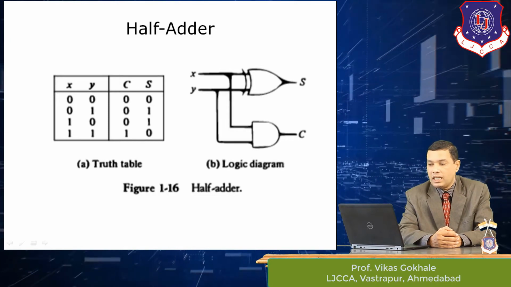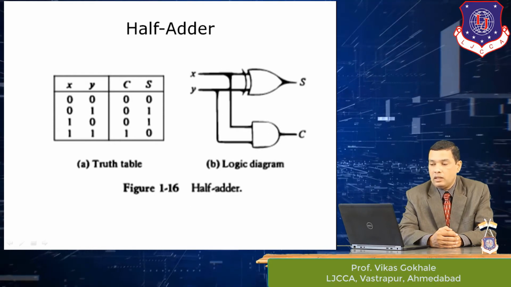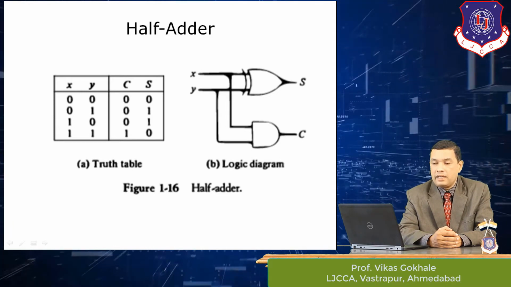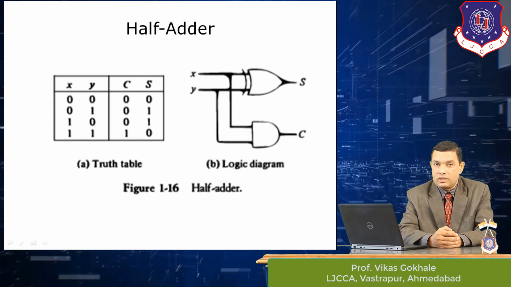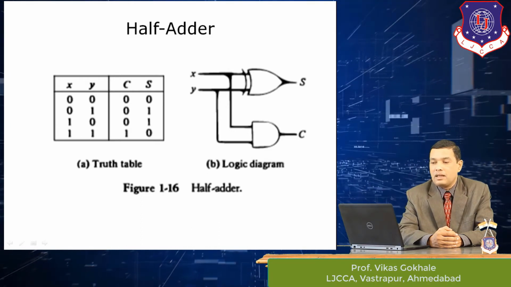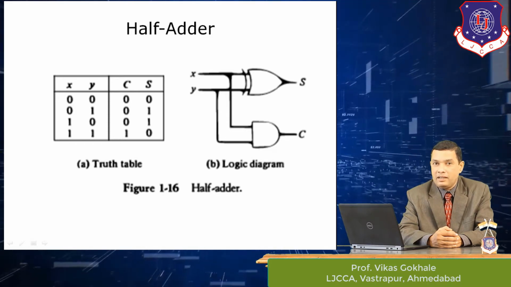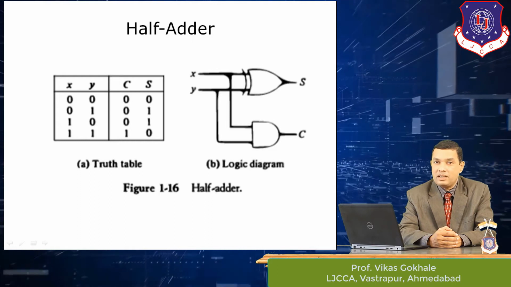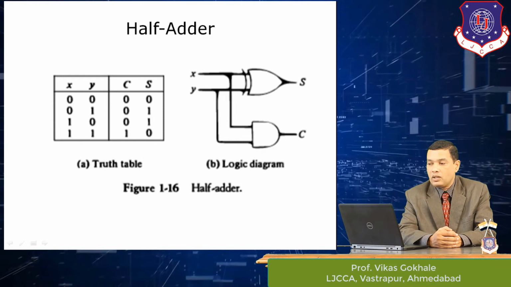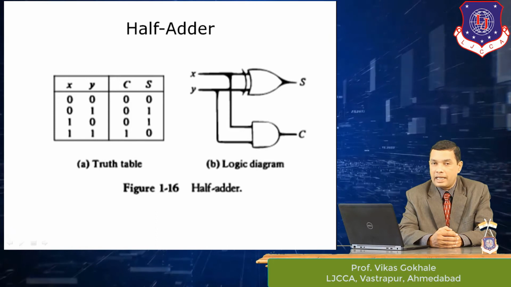And if you observe the sum bit column, it indicates that 1 will be the output only when x and y are mutually exclusive. That means if one bit is 0, the other is compulsorily 1, and vice versa. So sum can be obtained with the help of an XOR gate. So the logic diagram states that the XOR gate creates your sum bit and the AND gate creates your carry bit.